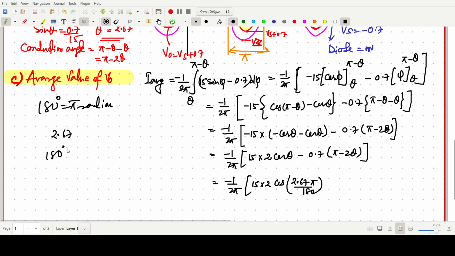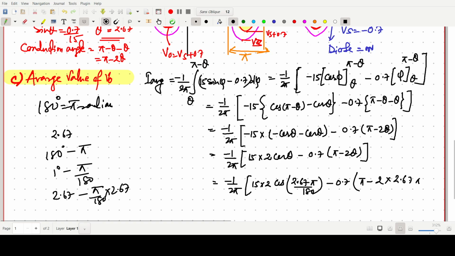So 180 degrees equals pi radian, so 1 degree equals pi by 180. So 2.67 will be pi by 180 into 2.67. That's why I am writing 2.67 pi by 180 as a radian, minus 0.7 pi minus 2 into, again theta written as 2.67 pi by 180.